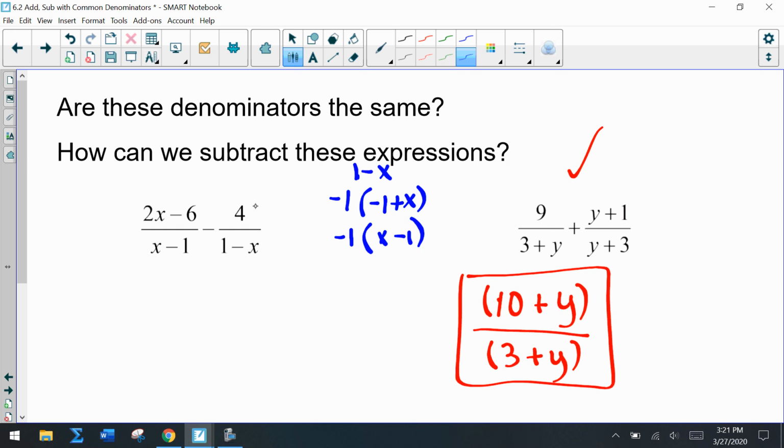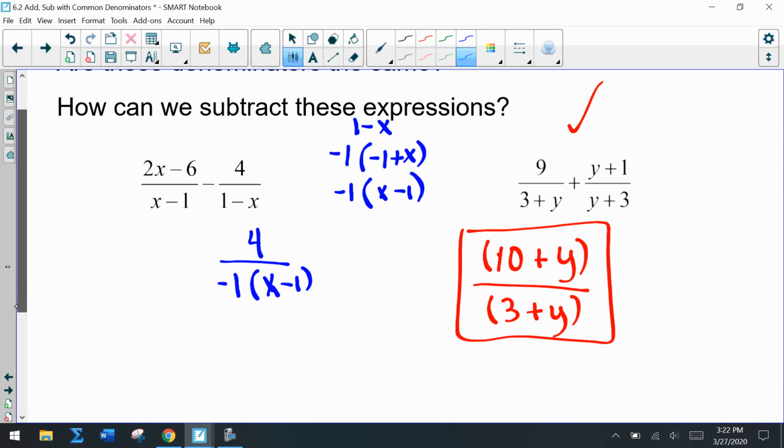So if this second fraction is 4 over negative 1 times x minus 1, can't we move this negative 1 to that numerator? So in our previous lesson, we talked about how we can move that negative from the numerator to the denominator. So we can move that there.